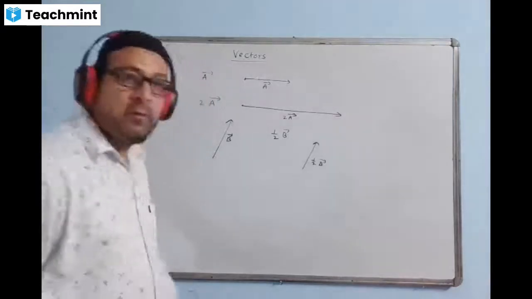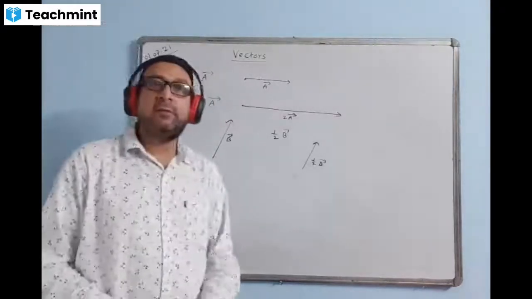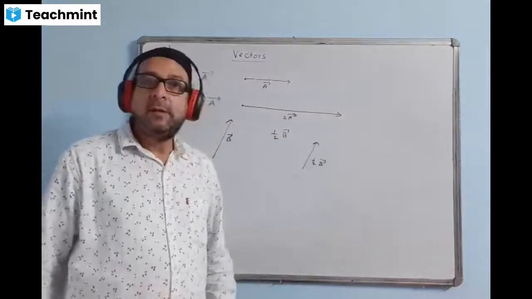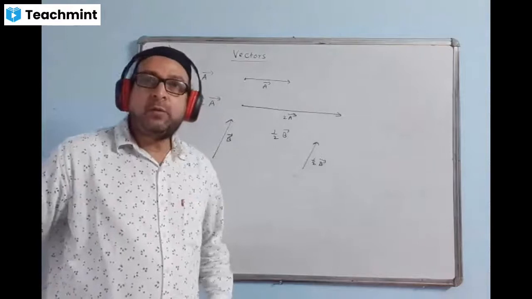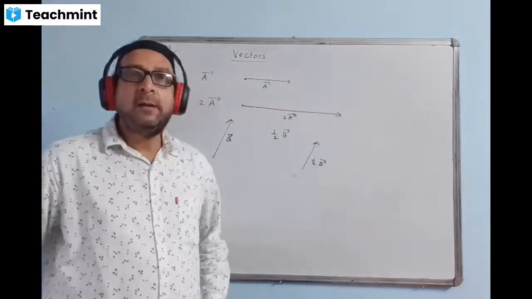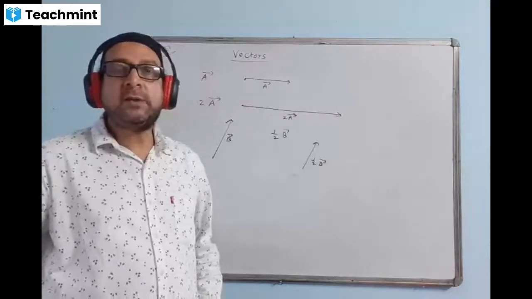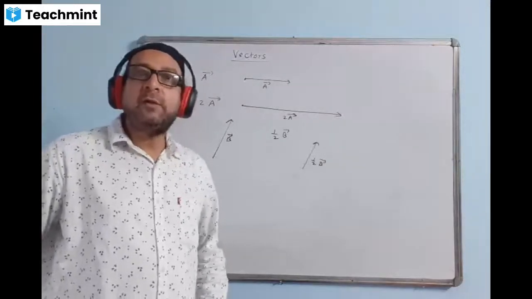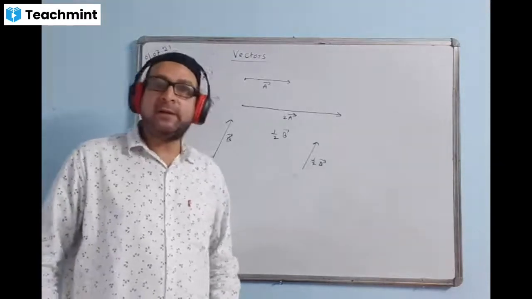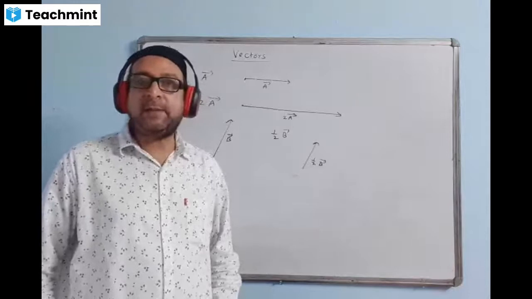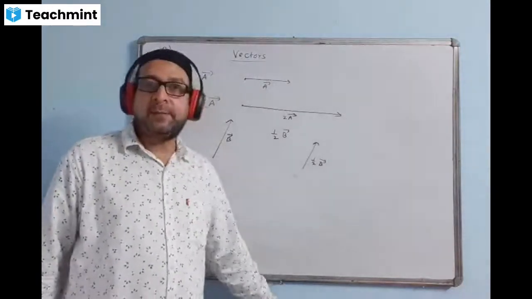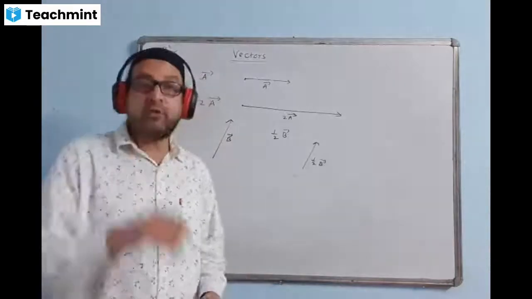Okay. Now, write a simple question, then we'll carry on with the different parts. Write a question. Two vectors A and B, capital A and B, with the arrow on top.